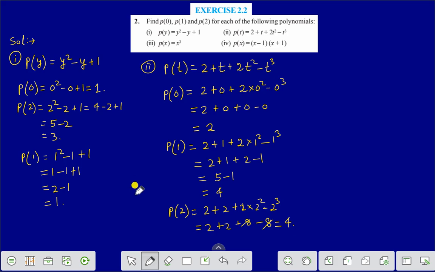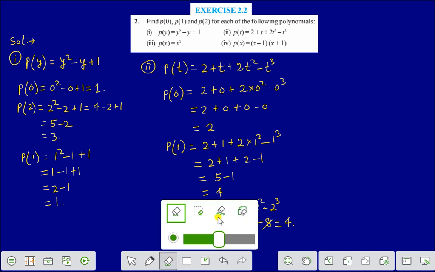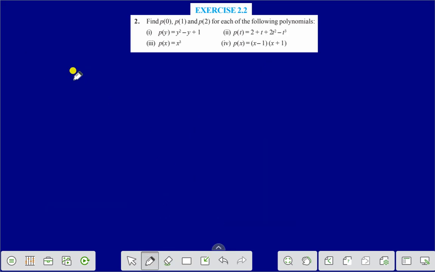Now we'll solve question number 3. So here you see question number 3 is P(x) is equal to x to the power cube. If we find the value of P0, then we are getting 0 to the power cube. Therefore, we are getting 0 as answer.